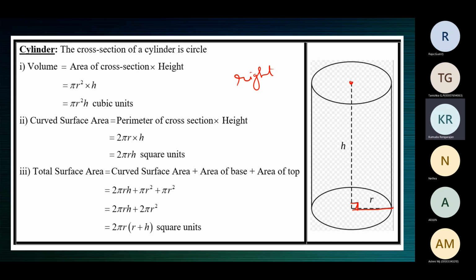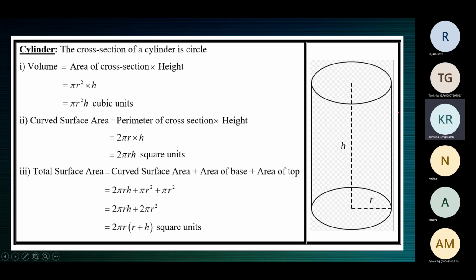See, from this to this is the height of the cylinder, and this is the radius of the circle. The radius and height are perpendicular to each other. That's why right. Circular, because the cross section is a circle. Right circular cylinder: right because the radius and height are perpendicular, circular because the cross section of the cylinder is a circle.